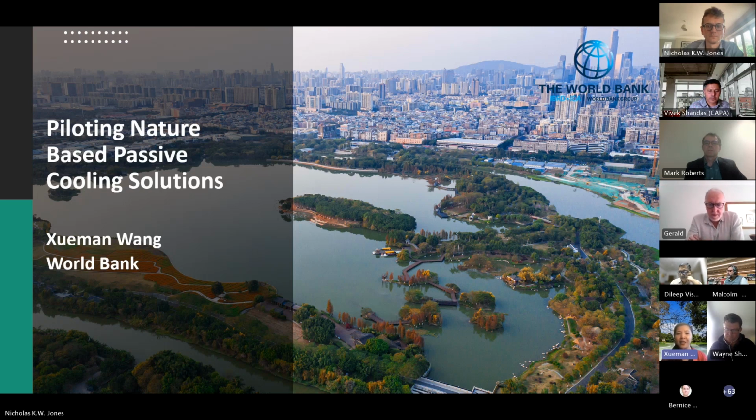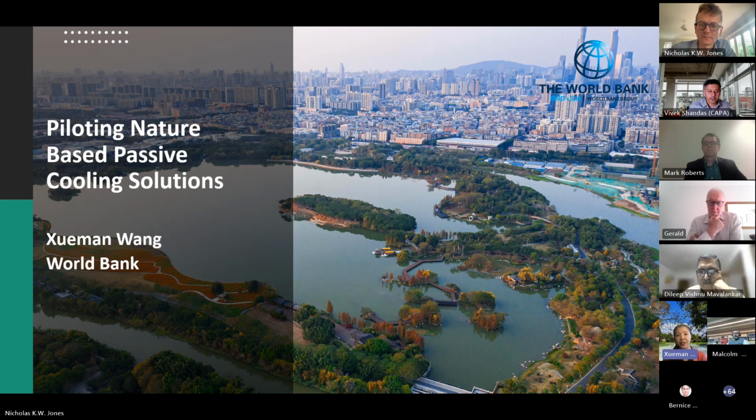After that study, we decided to do some pilot activities to see how some of the ideas and practices can be translated into a city's planning process, as well as some of the core activities normally done by the World Bank and others, such as urban regeneration and new town development.